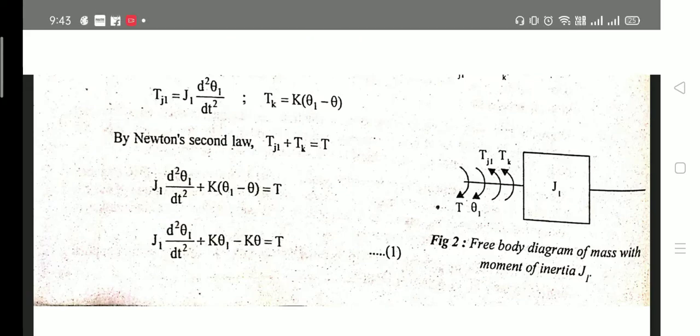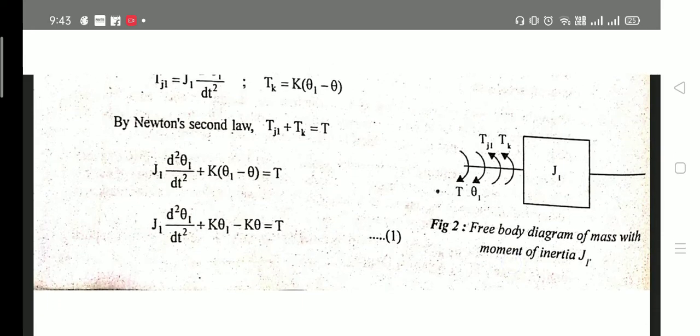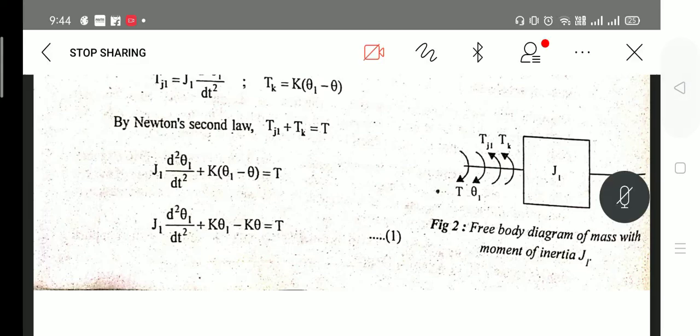Next, first you can apply the Laplace transform for this. The Laplace transform of d square by dt square is s square.